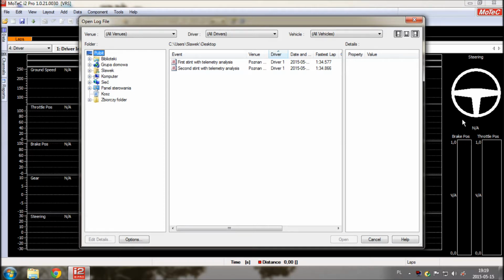Okay, so let's start. In front of you, you can see two files. Maybe a very short background. This person, as I mentioned before, is not an active sim racer. He's an enthusiast.